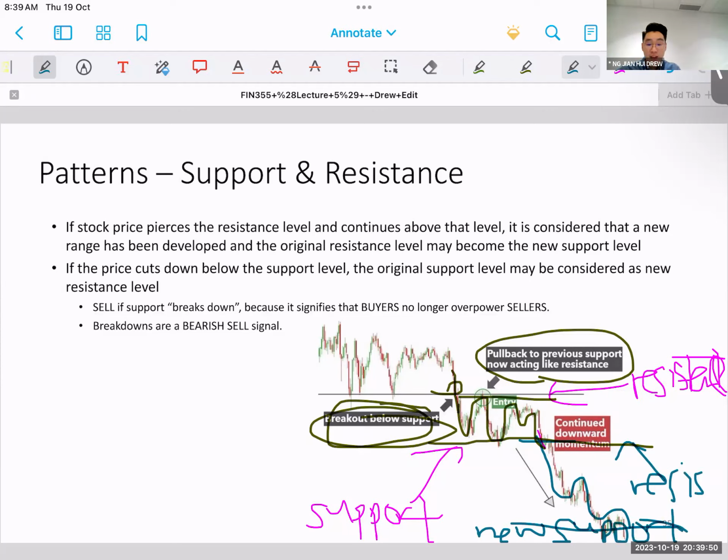So what I mentioned here is that if there is a breakdown, it's usually considered a bearish signal, which is what we can see here. When it cuts down through the support, it's considered bearish, because we notice that the primary trend is going downwards. So it's a bearish primary trend.